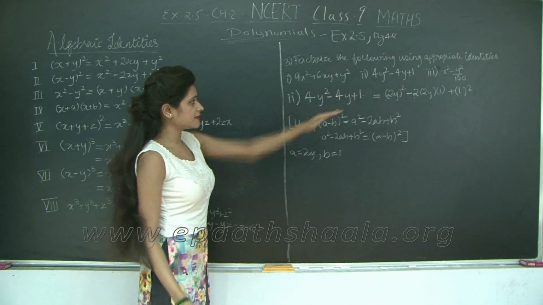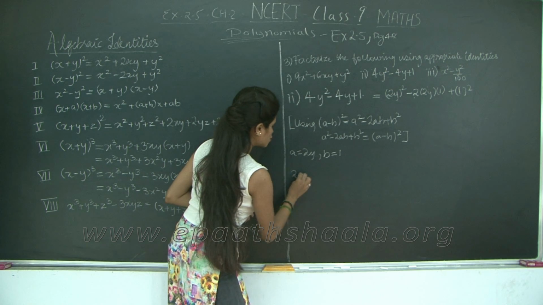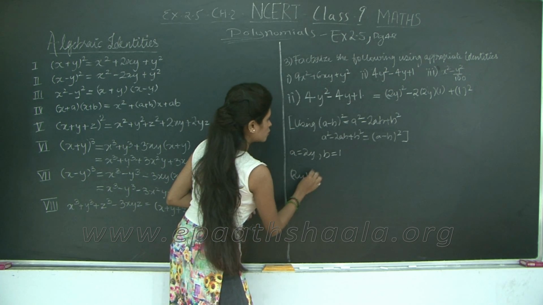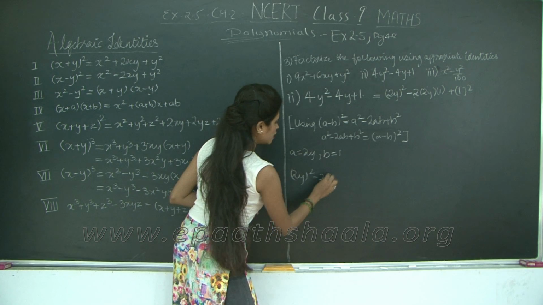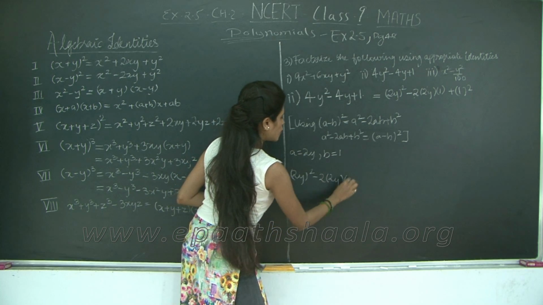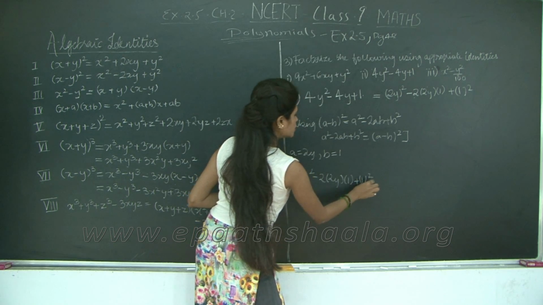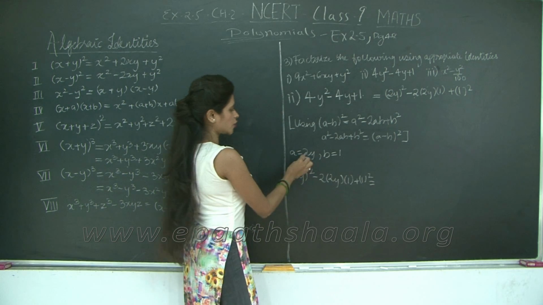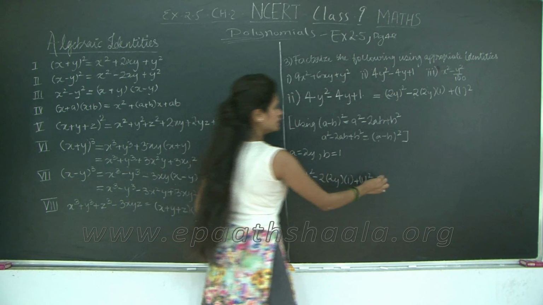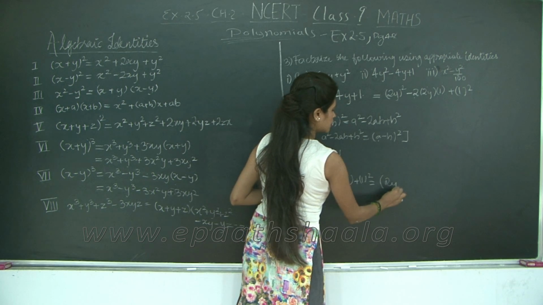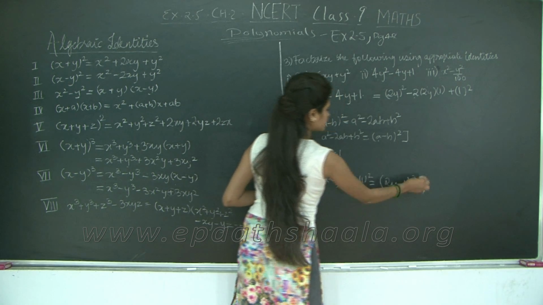correct? So let's go ahead and solve the question, which is 2y the whole square minus 2 into 2y into 1 plus 1 square is equal to a minus b the whole square, which is 2y minus 1 the whole square, right?